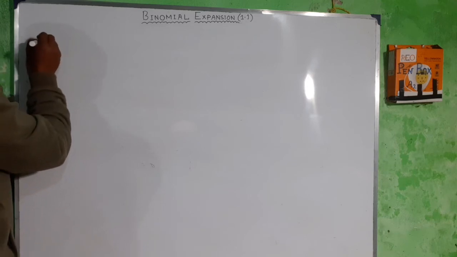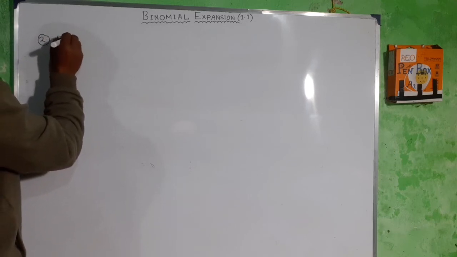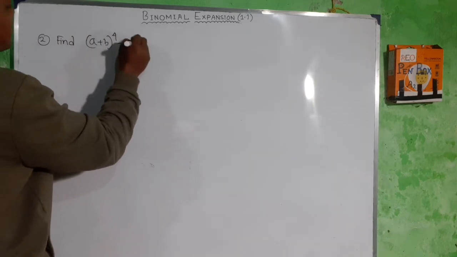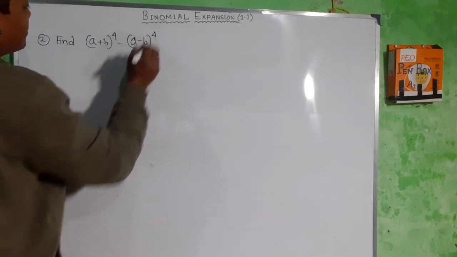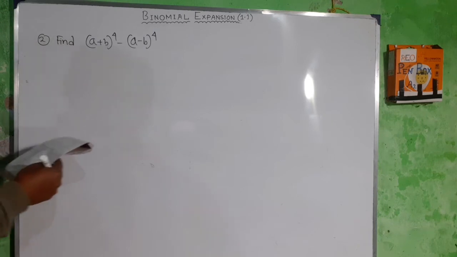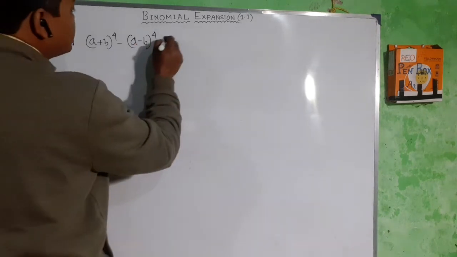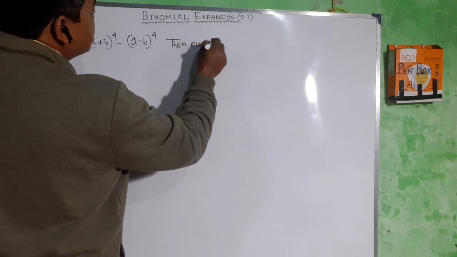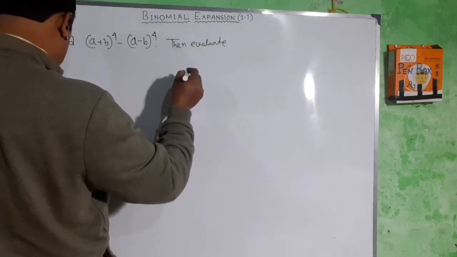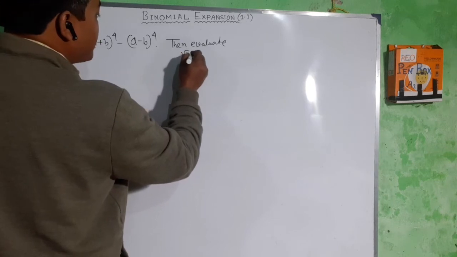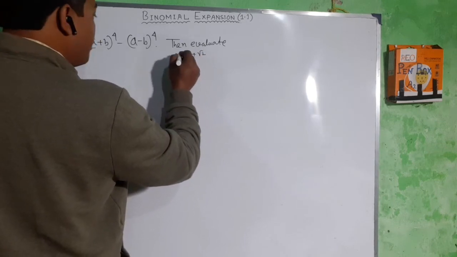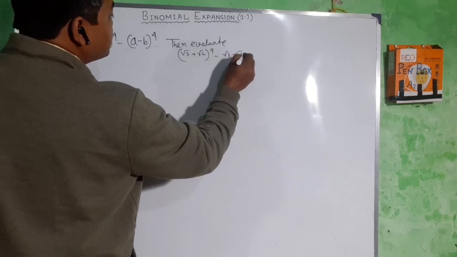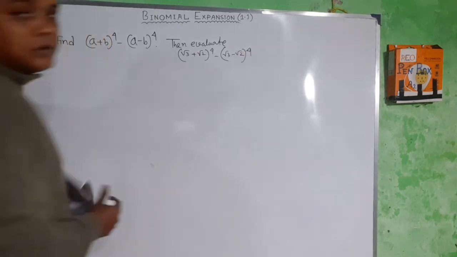Find (a + b)⁴ minus (a − b)⁴, and then evaluate (√3 + √2)⁴ minus (√3 − √2)⁴.